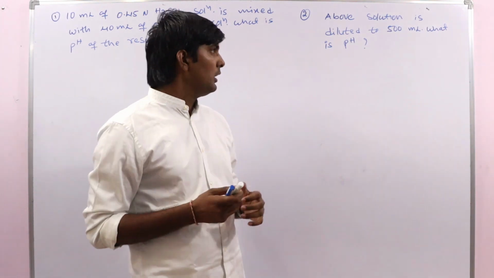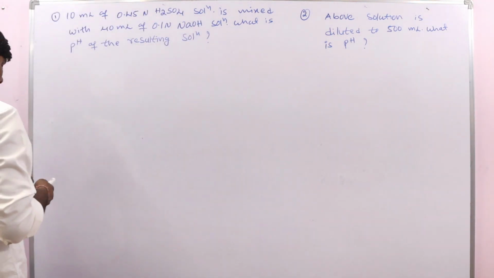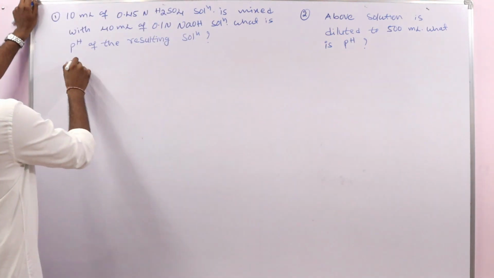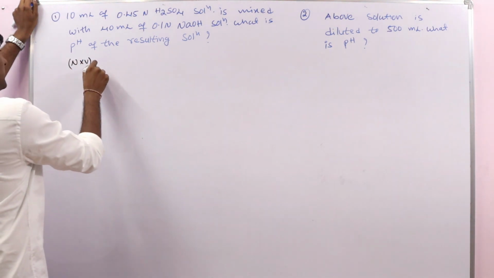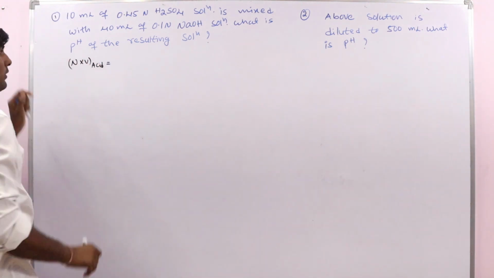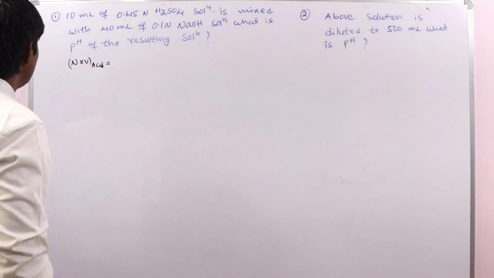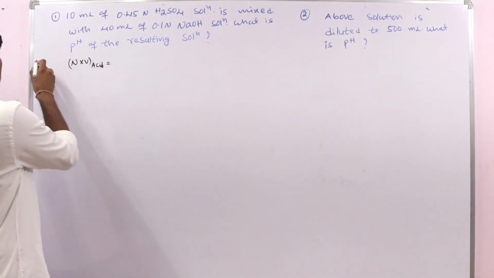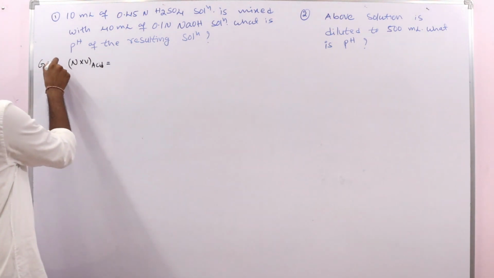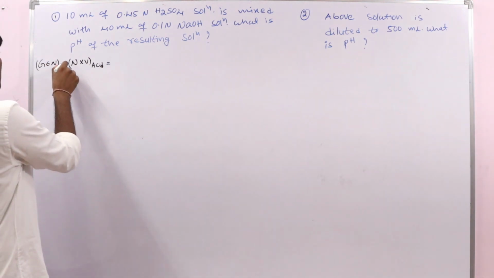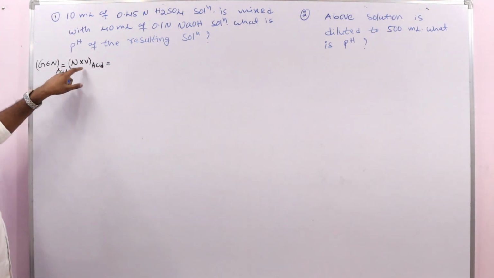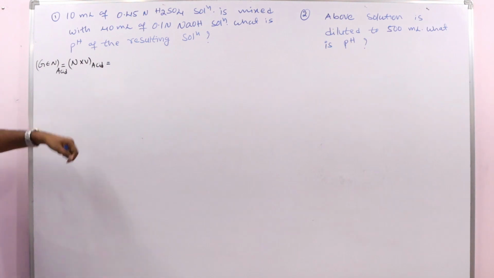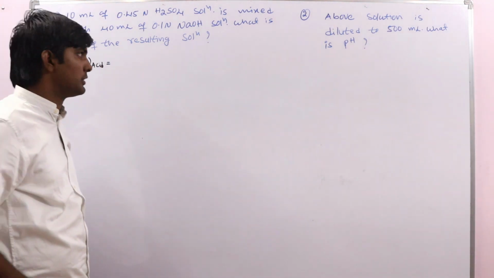So first we have to find N into V of acid, that is normality into volume. That is nothing but the number of equivalents of acid, number of equivalents equal to N into V, which we already discussed in the normality concept.